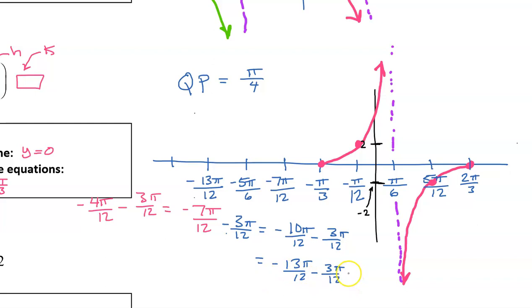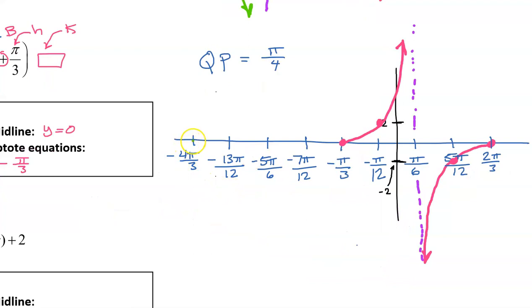And that's going to make negative 16 pi over 12. Both of these are divisible by 4, you guys. So if we divide these by 4, that's going to make negative 4 pi over 3. So I'll just squeeze this in over here. Negative 4 pi over 3. So these are the values we will use to make the left period of this graph.